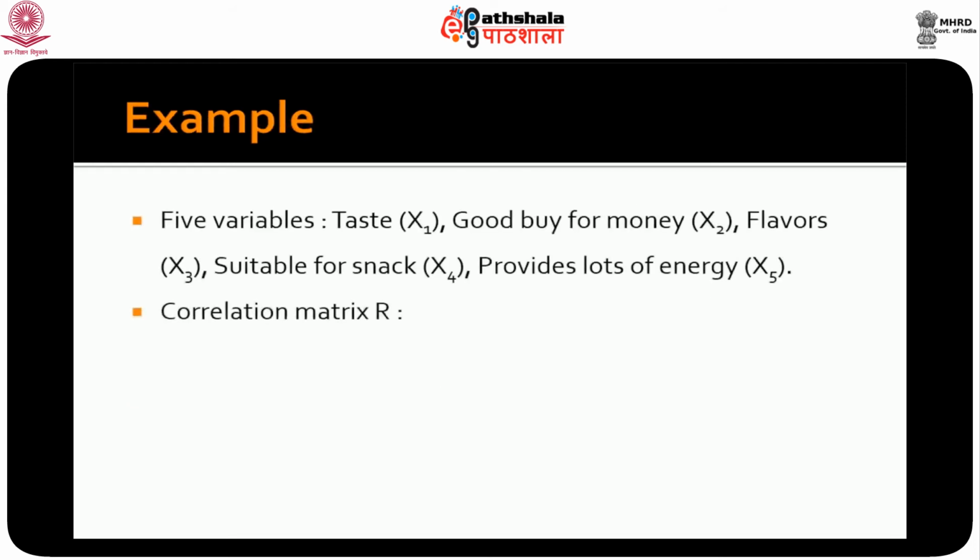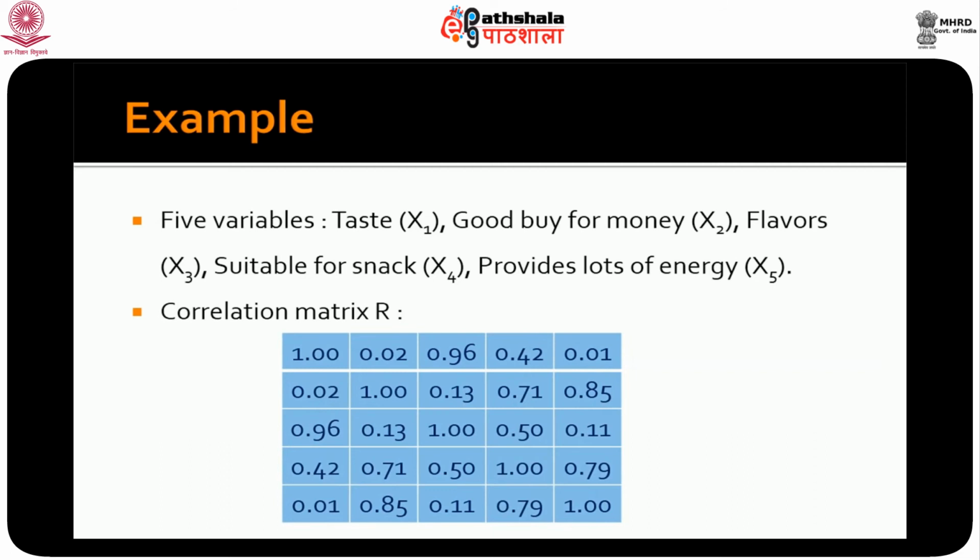Now let us look at an example. This example is from a consumer preference study where customers were asked to rate several attributes of a product. The responses were on a 7-point scale, and the attributes give this correlation matrix.